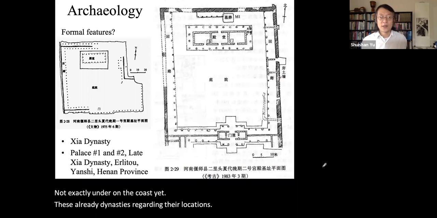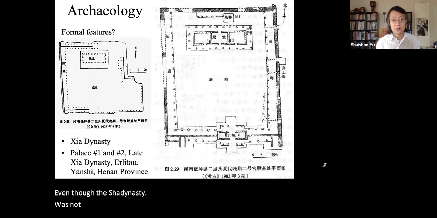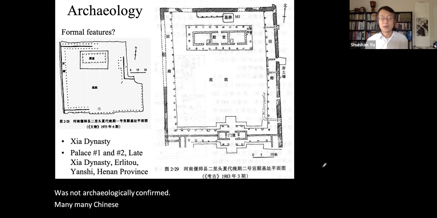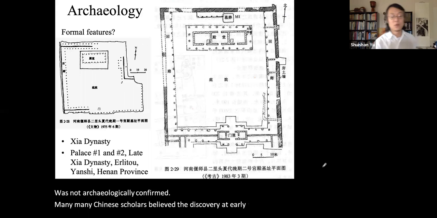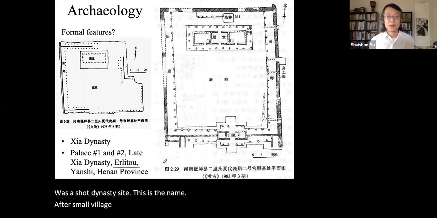Even though the Xia Dynasty was not archaeologically confirmed, many Chinese scholars believed the discovery at Erlitou was a Xia Dynasty site. This is the name of the small village where extensive architectural foundations had been discovered.